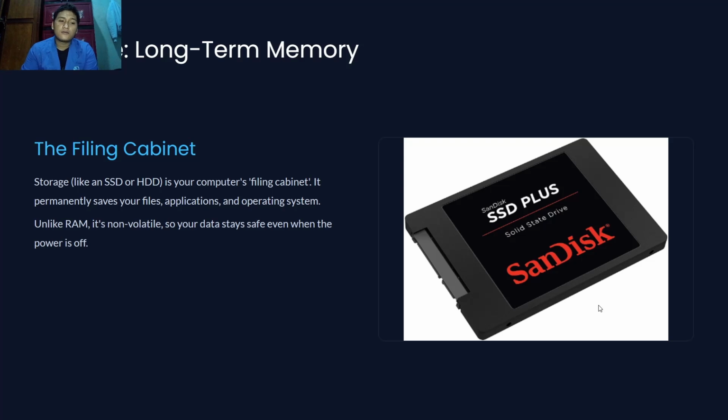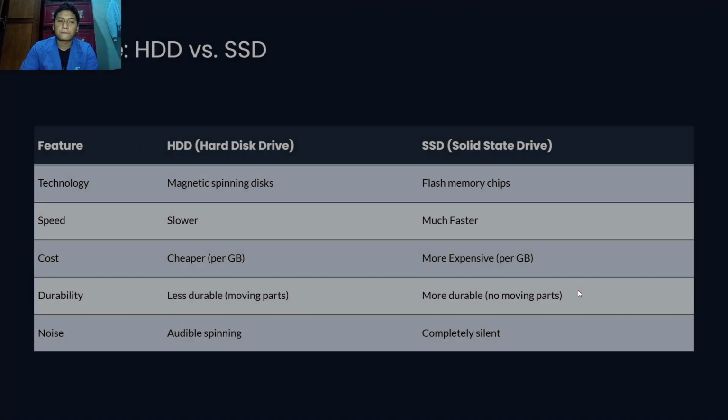Unlike RAM, it is non-volatile, so your data stays safe even when the power is off. So your data is stored inside the storage, whether SSD or HDD, and it's safe even when your computer is off.